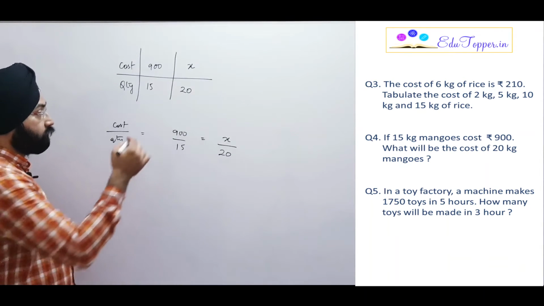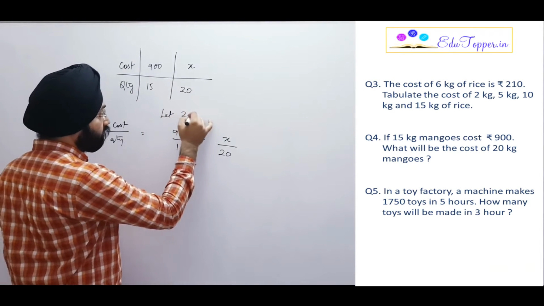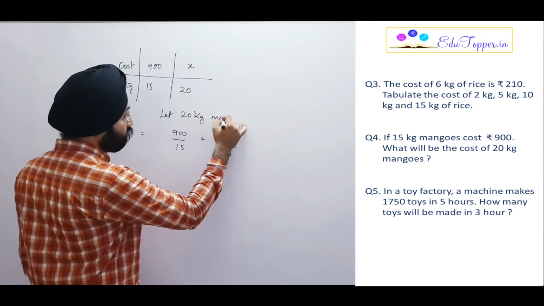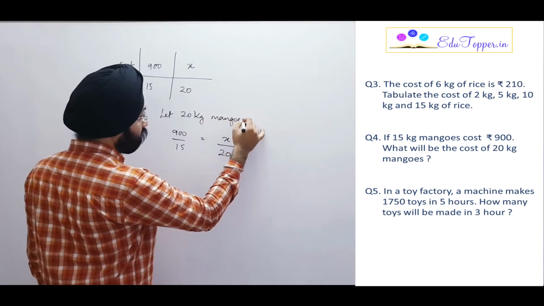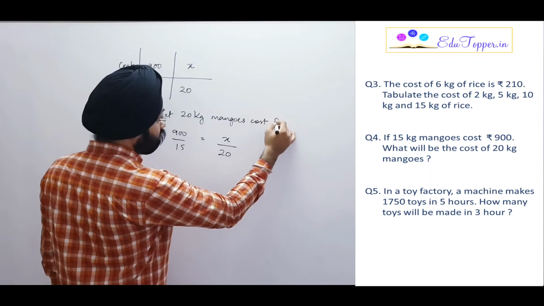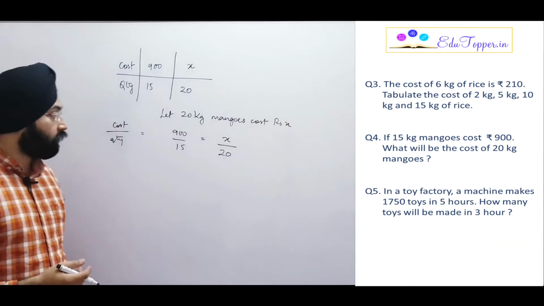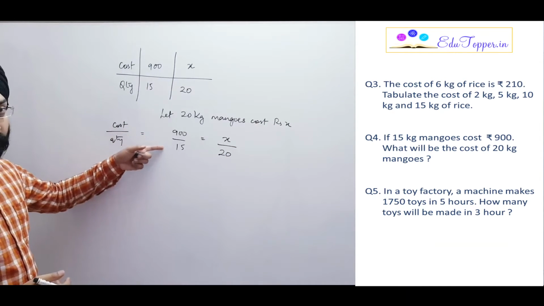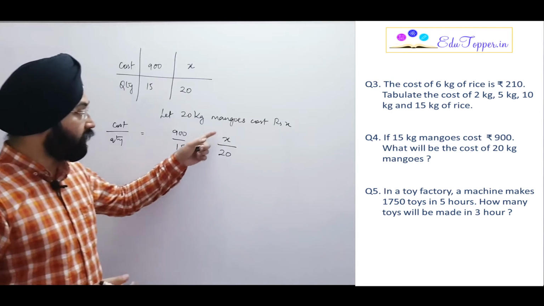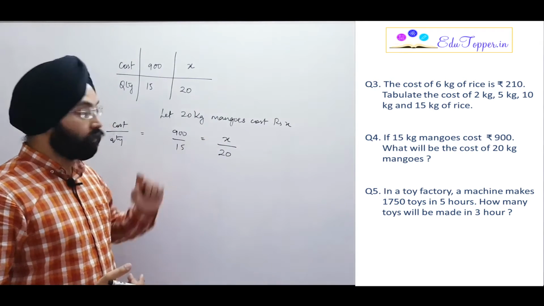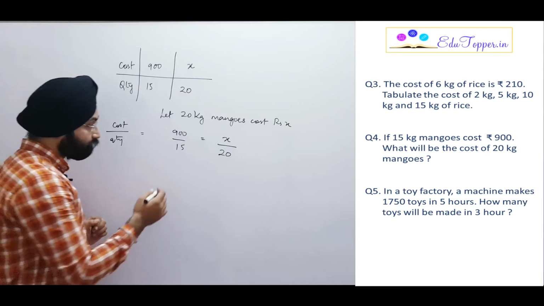So we have assumed that let 20 kg mangoes cost rupees X. So cost over quantity 900 over 15 should be equal to the cost X over the quantity 20, right?